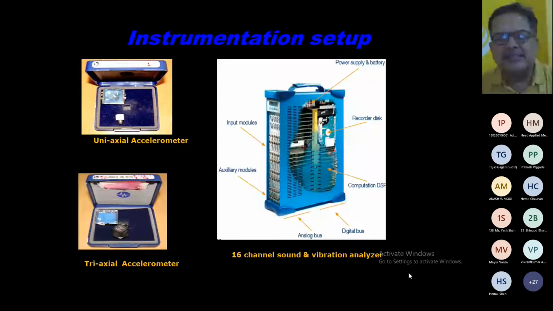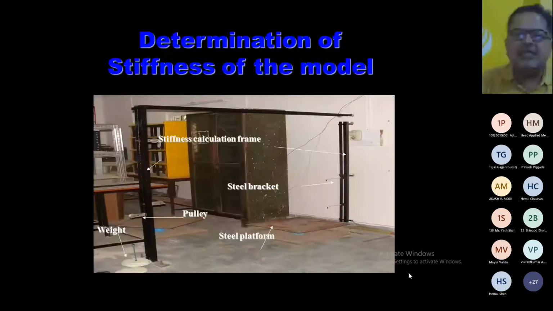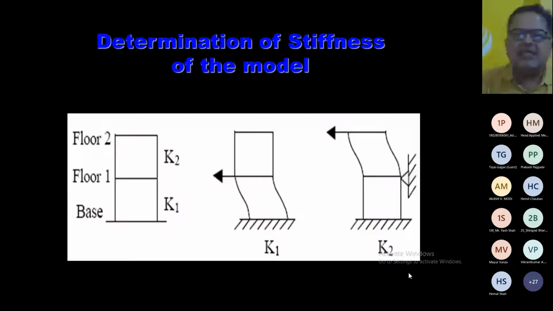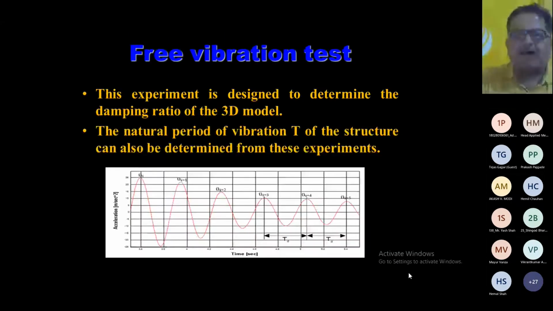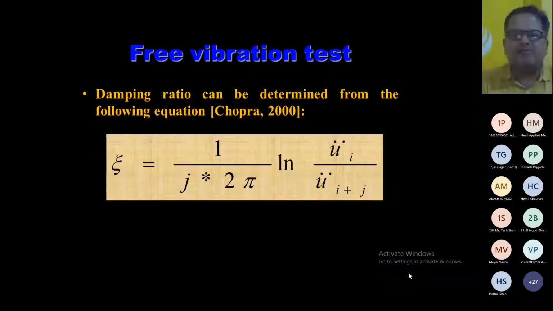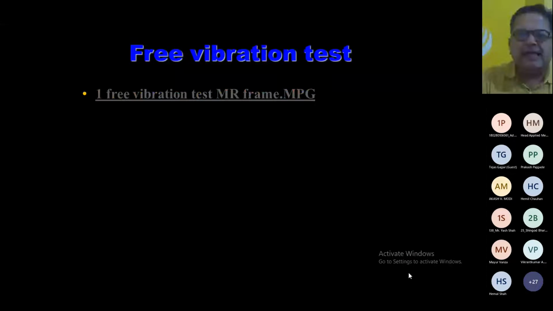These are the shake tables available in the laboratory, and we discussed the instrumentation setup, and then how the stiffness of the model is derived. This is the way we derive the stiffness of the model, and then we said that the free vibration test can be performed, and from the free vibration test we can find out the damping and the frequency of the system, right? So this is the way we can find out damping, and I think we saw this video in the last lecture.